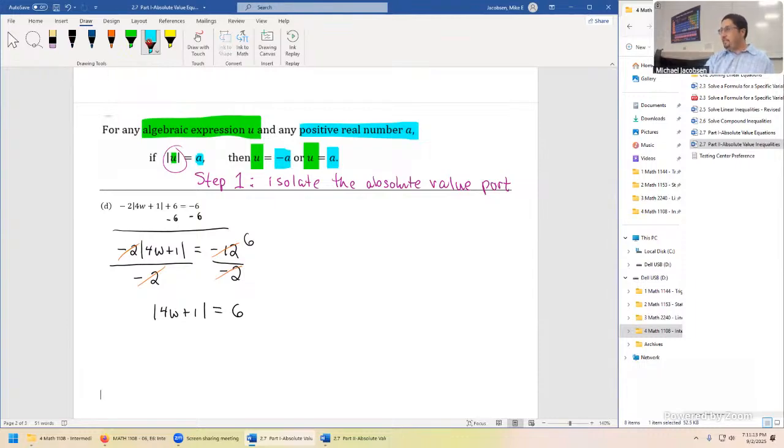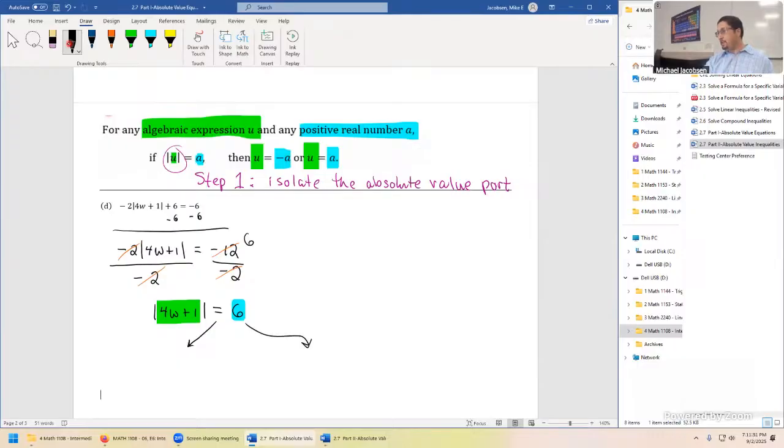So now we have an arbitrary algebraic expression playing the role of u, this time 4w plus 1, highlighted in green. The right-hand side is a positive real number, so we do this step. It just splits into 2 equations.